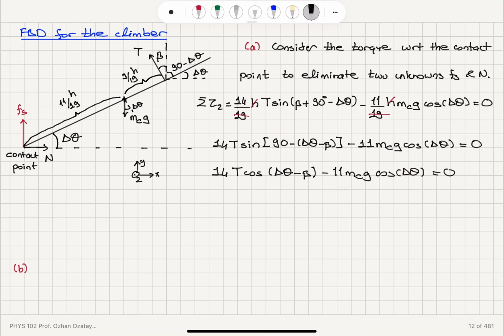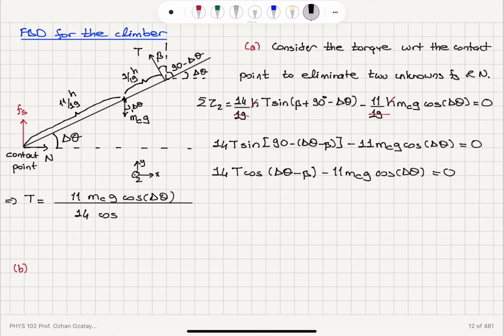So this gives me the symbolic answer for the tension to be 11 times the weight mcg cosine delta theta divided by 14 cosine delta theta minus beta.